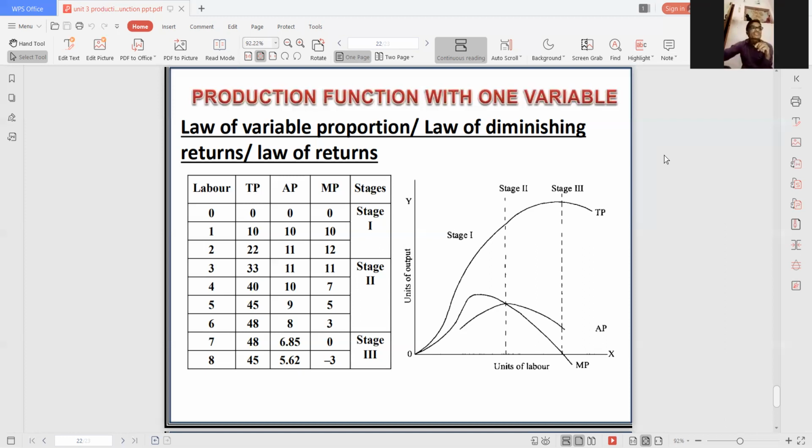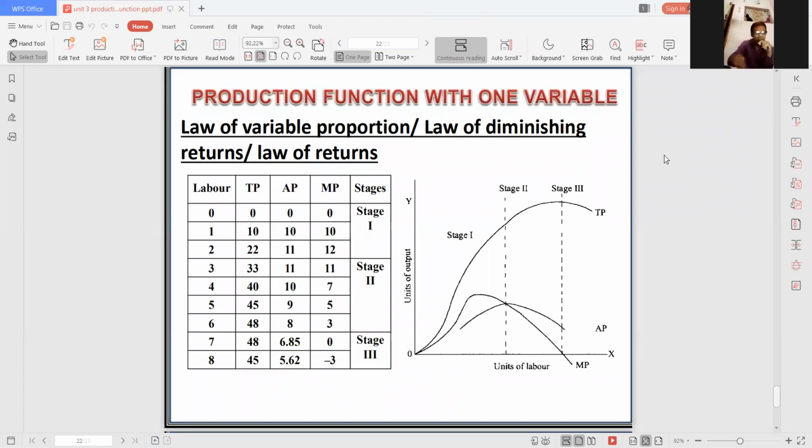Now marginal product is decreasing: 12 to 11 and 11 to 7. Next, 45: average production is 9 and marginal production is 45 minus 40, again decreasing.